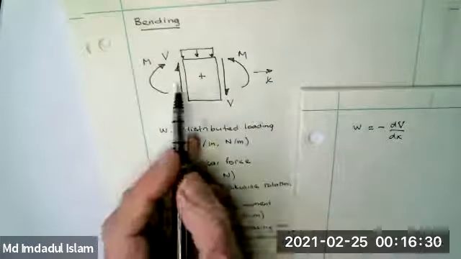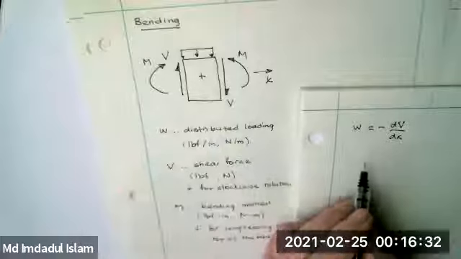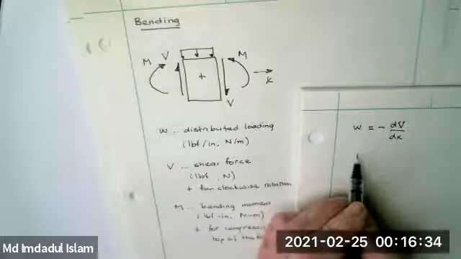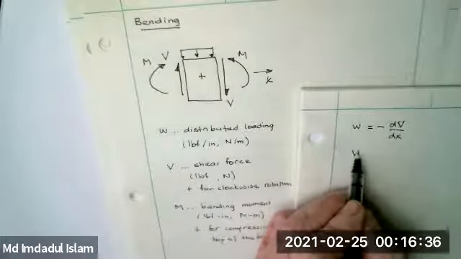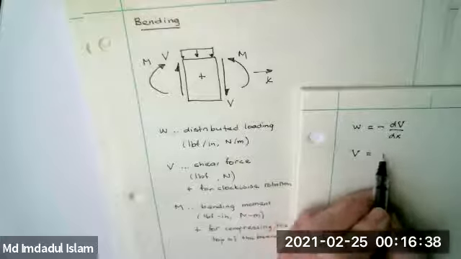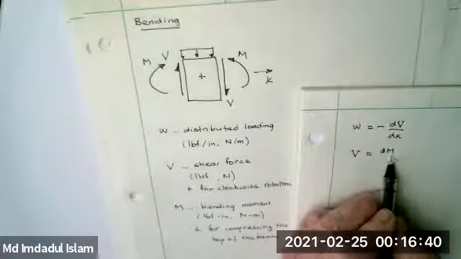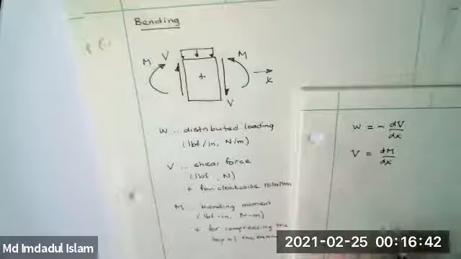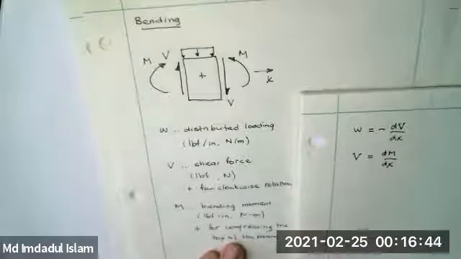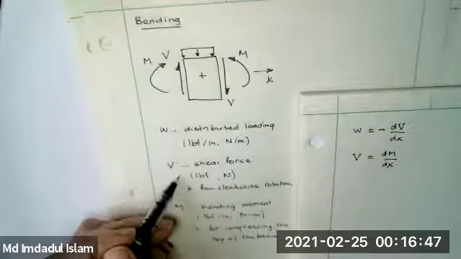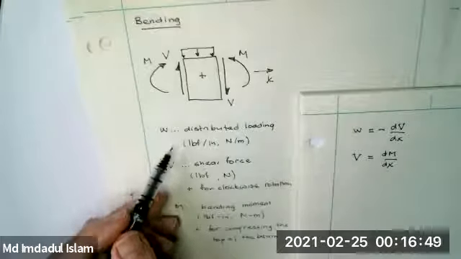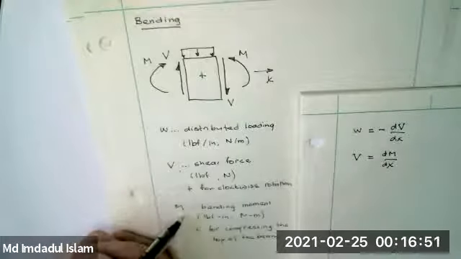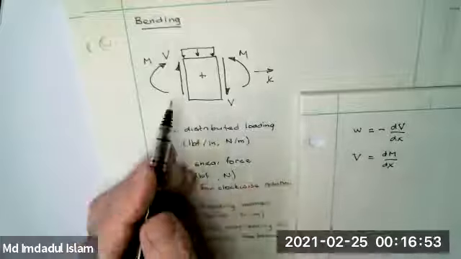And I can relate that to the moment due to V. So those are the right interrelationships between these two resultants. This is an applied load, this is a resultant shear force, a resultant bending moment. These are the correct ones with this sign convention.